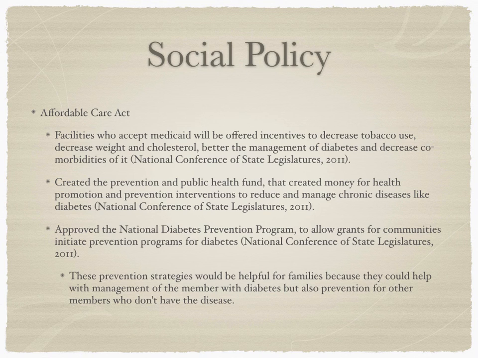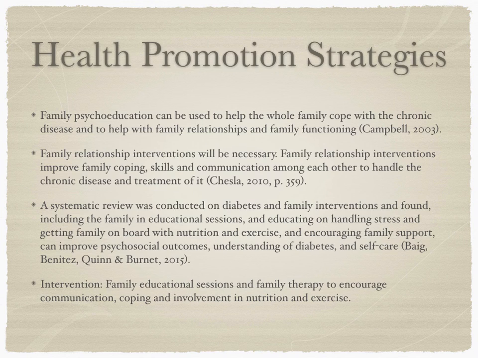It created the Prevention and Public Health Fund, which created money for health promotion and prevention interventions to reduce and manage chronic diseases like diabetes, and it approved the National Diabetes Prevention Program, which allows grants for communities to initiate prevention programs for diabetes. These prevention strategies would be helpful for families because they would help with management for the member with diabetes, but also prevention for other members who don't have the disease but could be at risk.